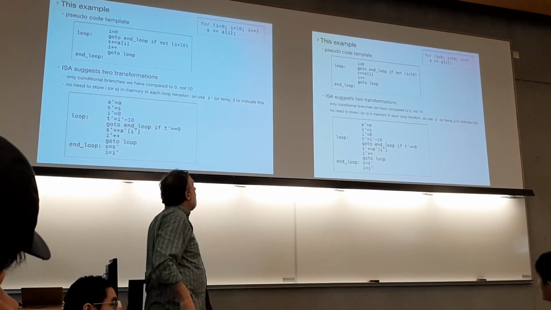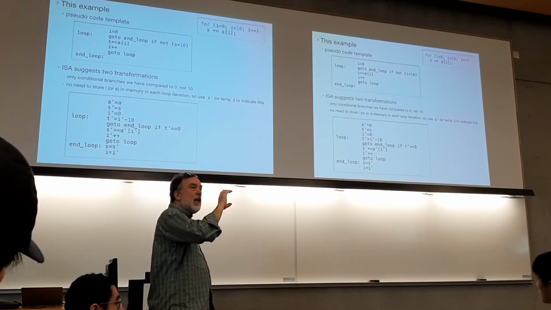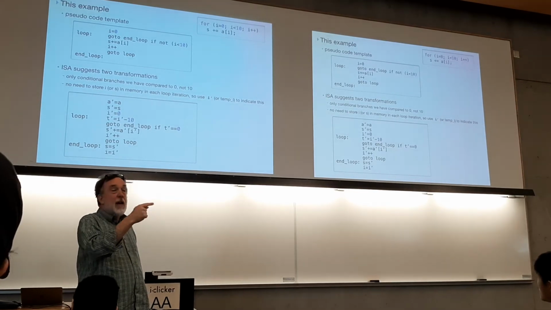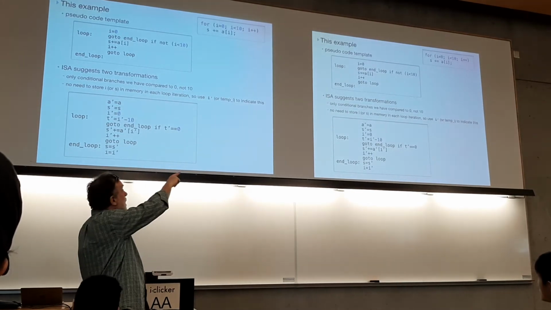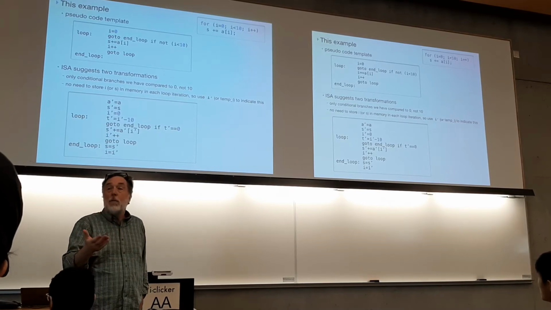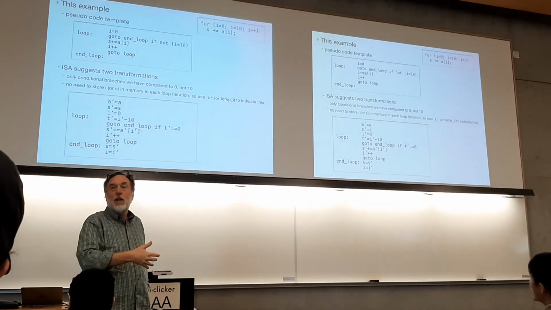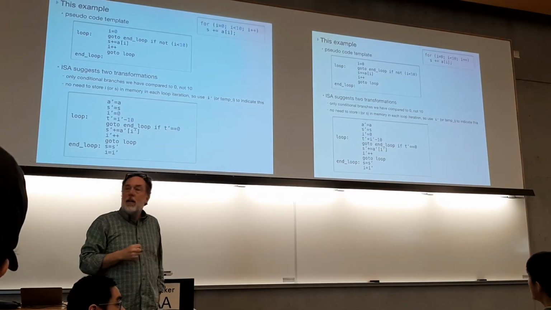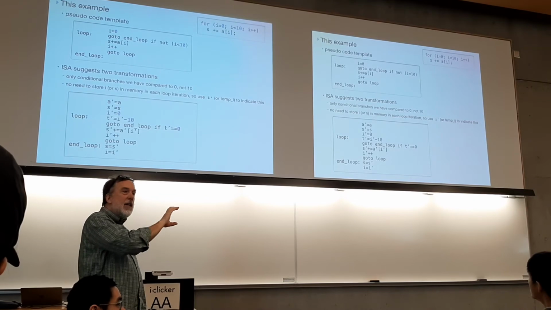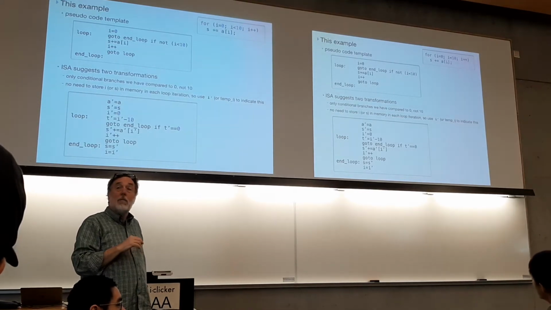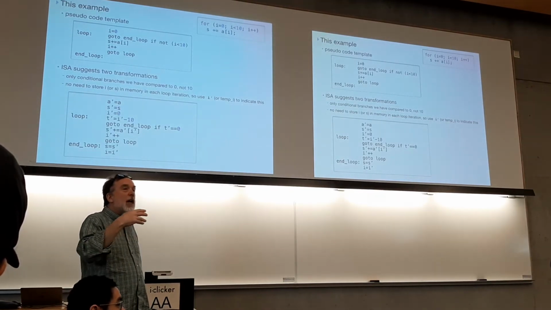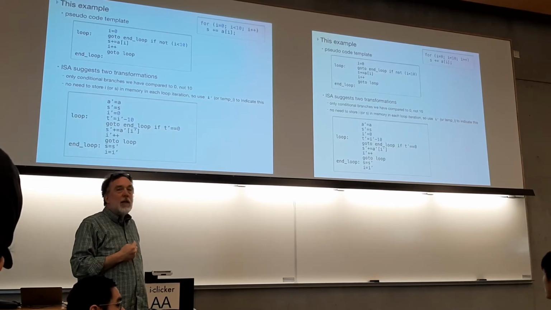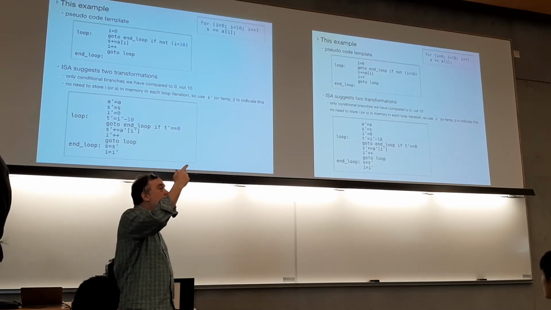Then the first thing at the label is a test to see whether you should do the loop, and if not, a jump out of the loop. In this case, we're using the label end loop to indicate the next instruction after the loop. Then there's the body of the for loop, and at the end there's typically incrementing a variable. So it's changing the value of a variable that you're using in the continue condition at the top, and then jumping unconditionally back to the top.